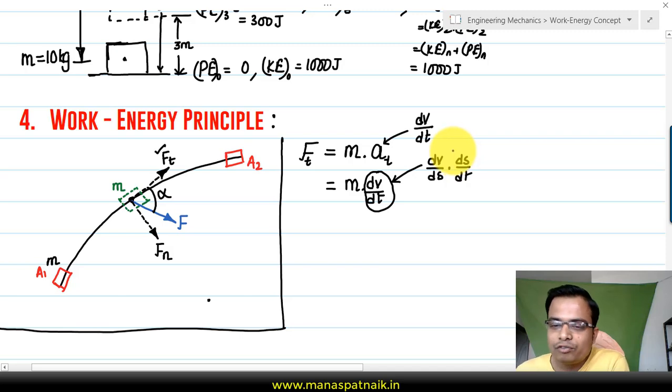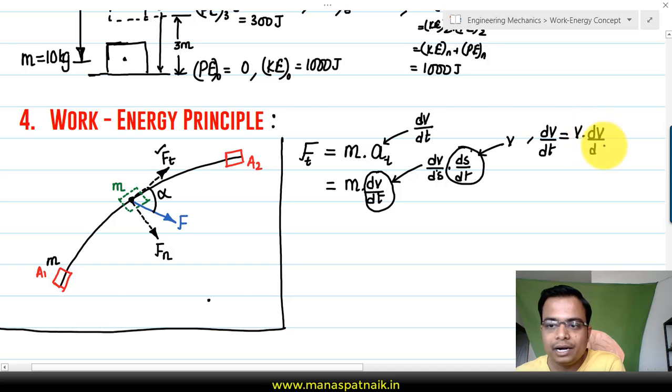And from the definition of velocity, we have ds by dt, where s is nothing but the displacement. So the rate of change of displacement is the velocity. Essentially, dv over dt is nothing but v dot dv by ds.